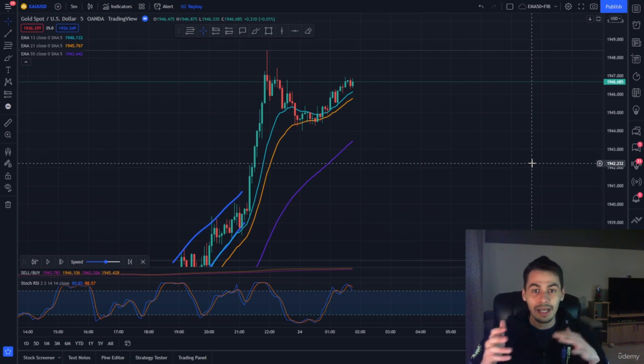So again, just a review of what we said so far. Identify your setup according to your indicators, but be sure to look back left, at least identify 2 market structure items that match your current trade. And if you can't find those, then you are better off not taking the trade.